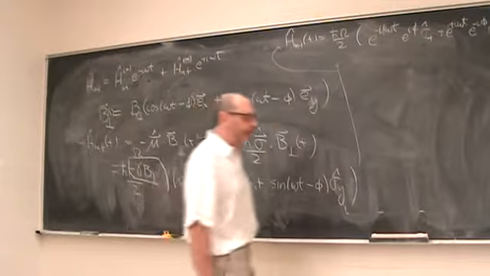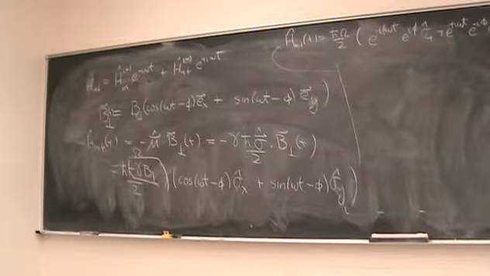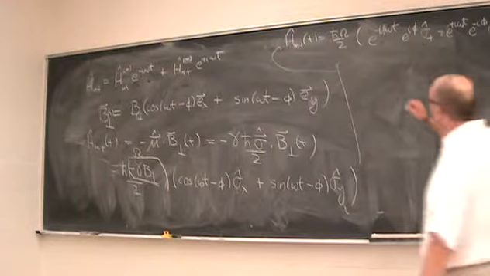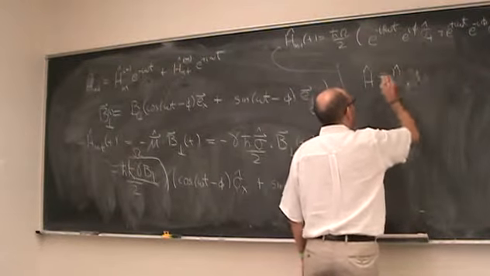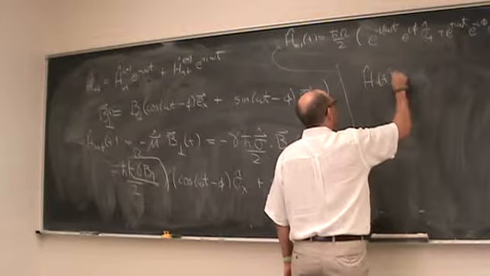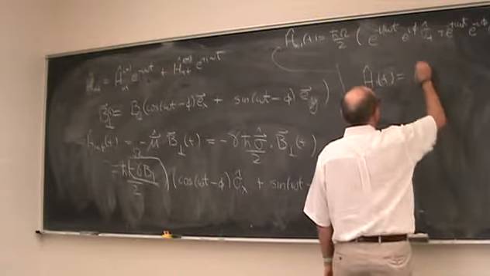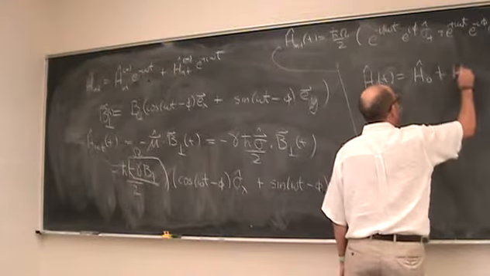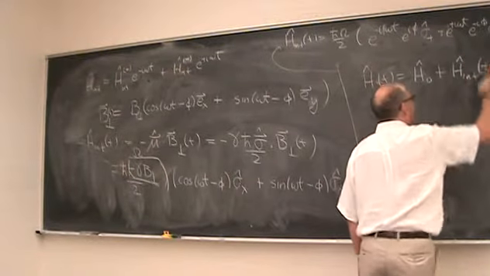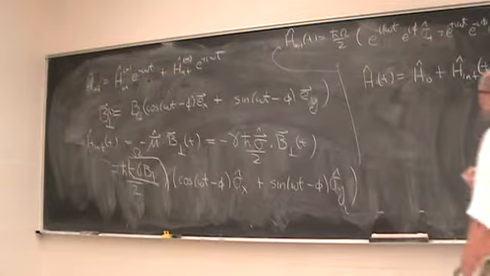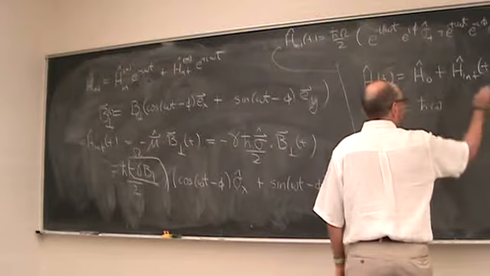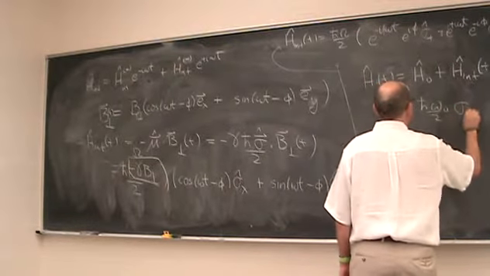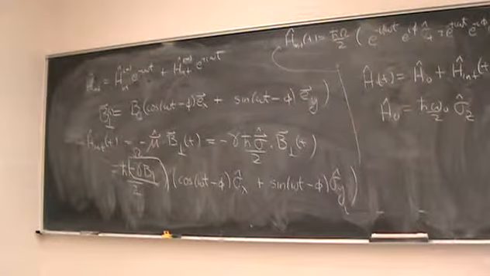So now we have to solve the time-dependent Schrodinger equation. We want to solve it where my total Hamiltonian is H naught plus my interaction Hamiltonian as a function of time, where H naught is the one we just had over here.